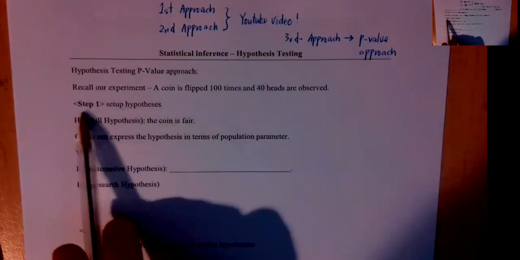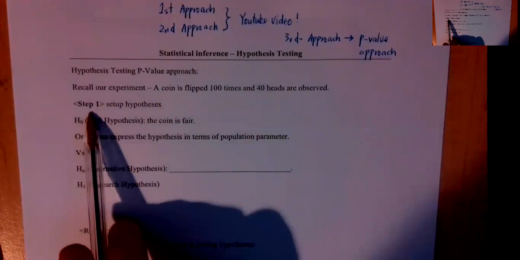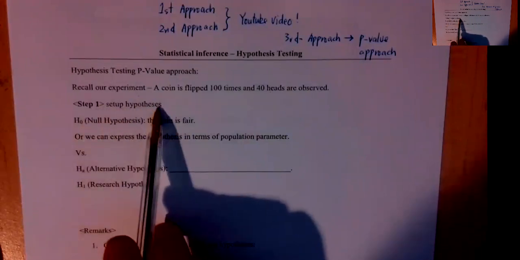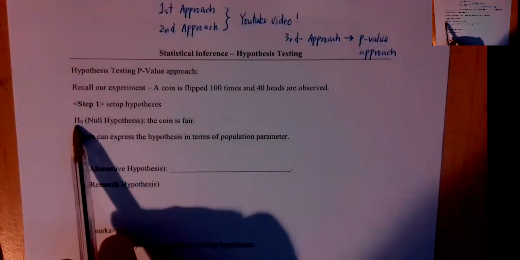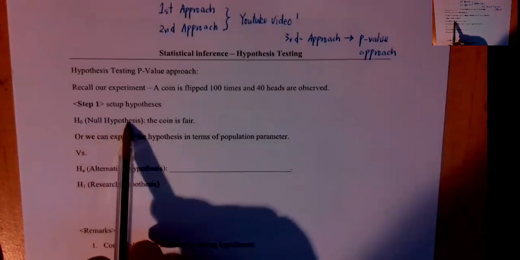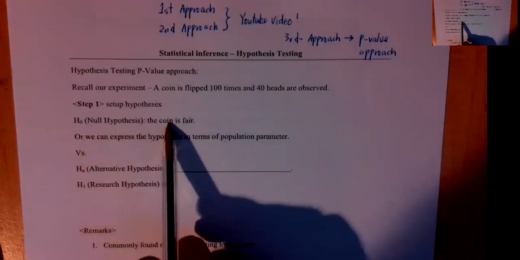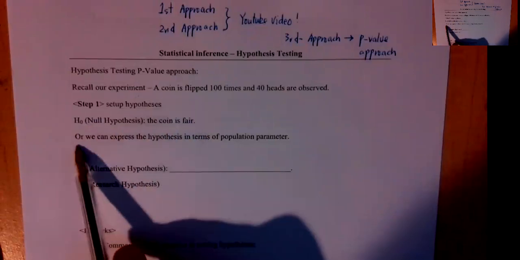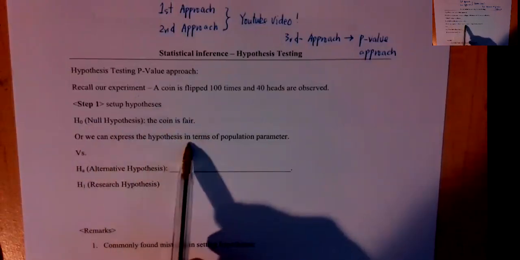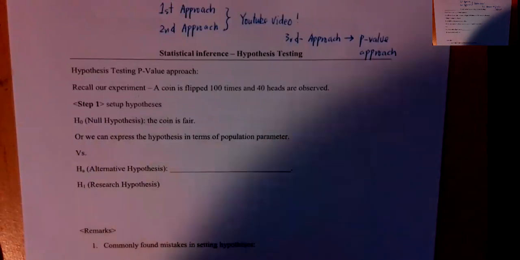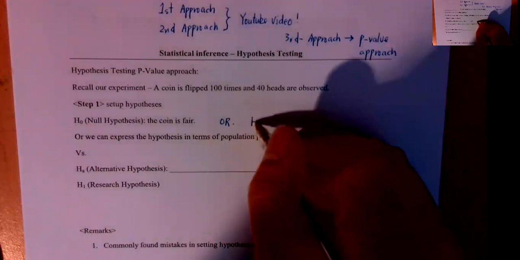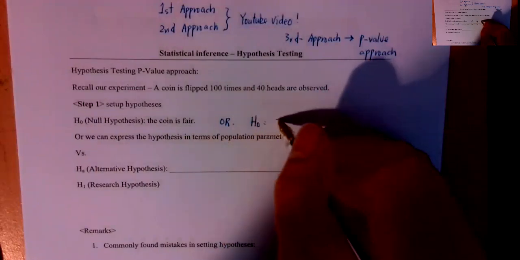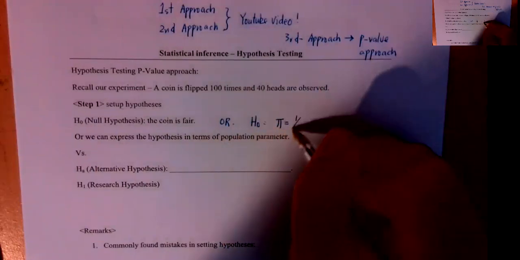So the first step in hypothesis testing, we're going to set up hypotheses. In hypothesis testing, there are 2 hypotheses we want to set up, okay? H0, the null hypothesis. We say the coin is a fair coin. Or we can express a hypothesis in terms of a population parameter. H0, the null hypothesis: pi is equal to 1/2.